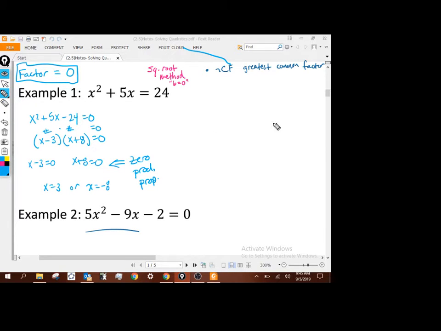All right, let's say we want to graph this. That and that, tell me where I cross the what? X-axis. So 1, 2, 3, and 1, 2, 3, 4, 5, 6, 7, 8, right?